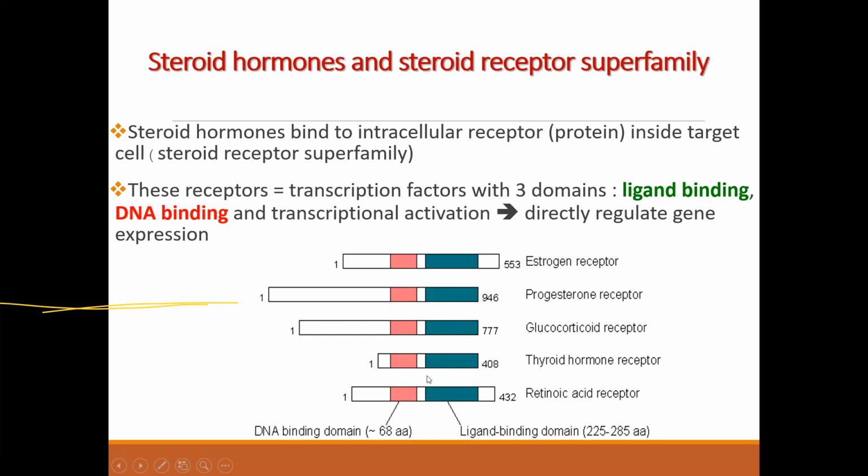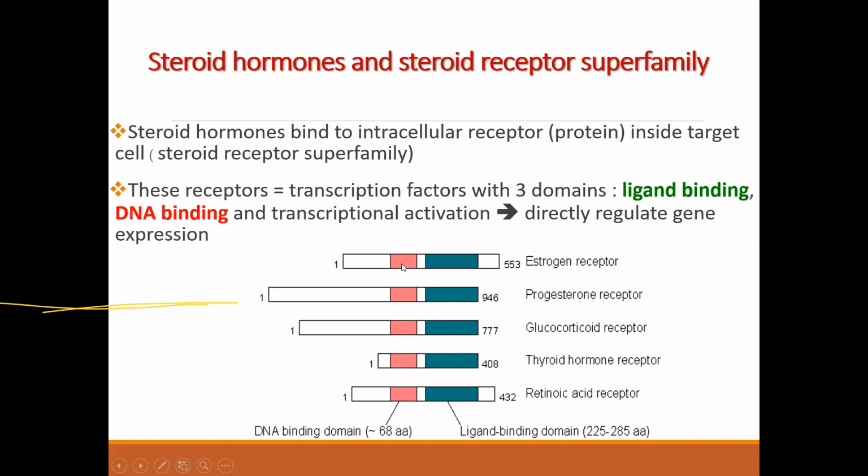Together with the thyroid hormone receptor, they also share the ligand binding domain and DNA binding domain. And the last one is the receptor for vitamin A. So when you see the structure of the receptor, you can guess that this receptor will definitely bind to the DNA and regulate the DNA expression, because it has the domain that binds to the DNA.